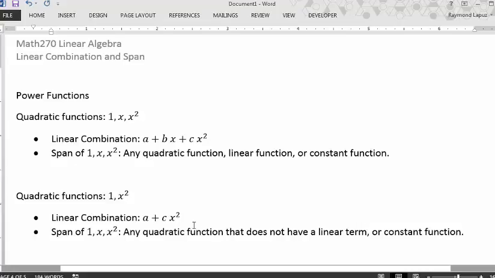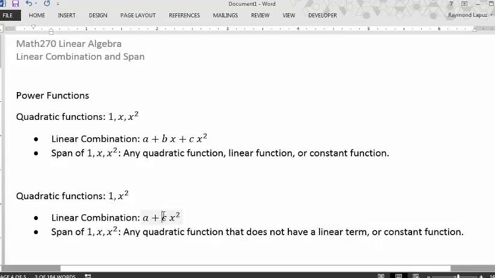So I'm only allowed like 4x squared plus 3, or x squared plus 1, or 25x squared minus 16. So any of those combinations that look like this, where c is not equal to 0, is a quadratic function that does not have a linear term.